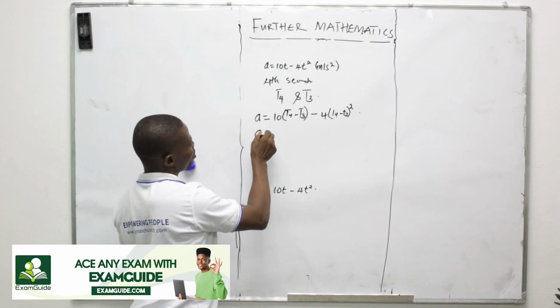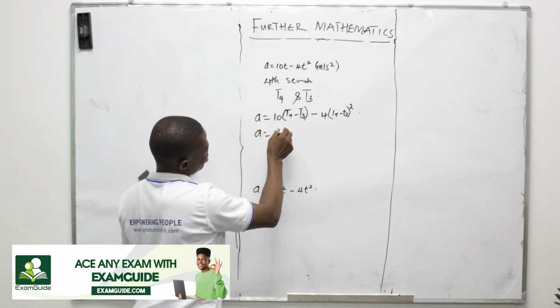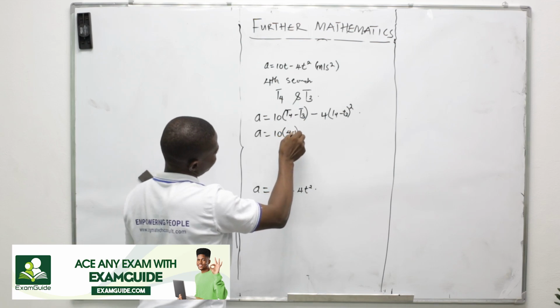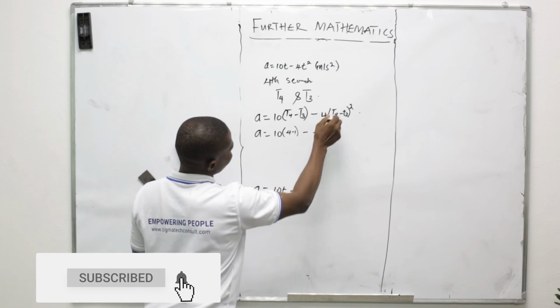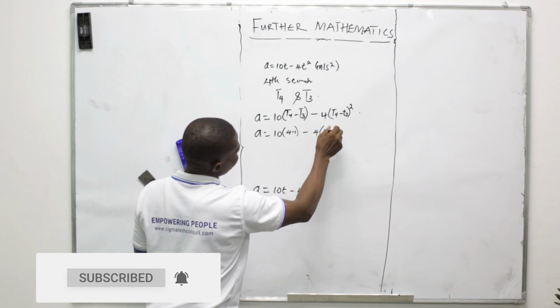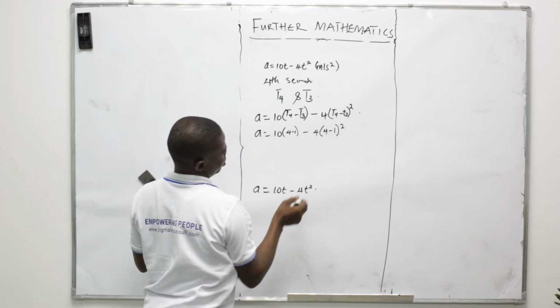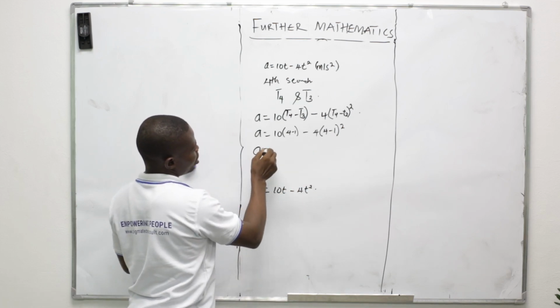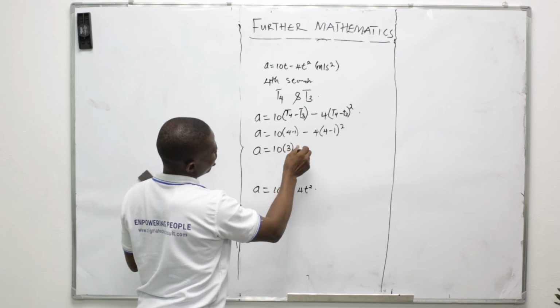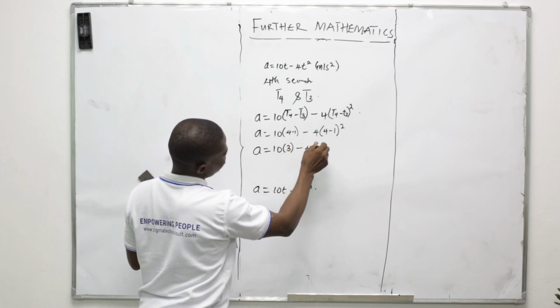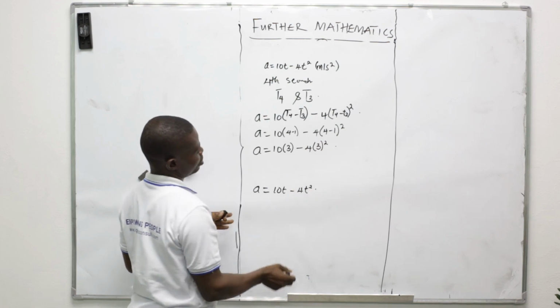A equals 10 into 4 minus 1 minus 4 into 4 minus 1 all squared, to give me that average acceleration equals what? 10 into 3 minus 4 into 3 all squared.